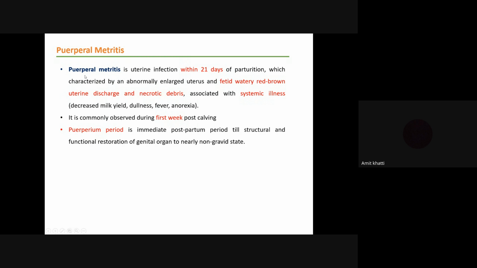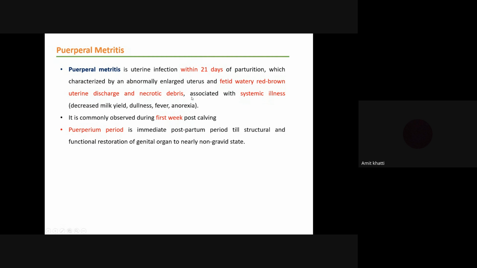Generally such a uterine infection is encountered in the first 3 weeks after parturition. How is it categorized? There is an abnormally enlarged uterus, as the rate of involution slows down. Comparatively the uterus will be enlarged, and a fetid, watery, red-brownish uterine discharge will be observed, along with necrotic debris of the placenta, fetal membranes, and endometrium.